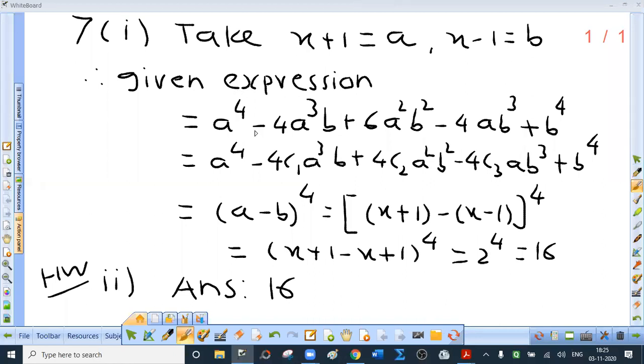So the given expression is, now I can write 4 as 4c1, 6 as 4c2, 4 as 4c3. So this is the expansion of a minus b raised to 4. But we have taken a for x plus 1 and b for x minus 1. So x plus 1 minus x plus 1, this is simply 2 raised to 4. So what is the value of the expression? 60. Next sum is similar. It is for homework. Same thing. Take 2x minus 1 equal to say a and 3 minus 2x as b.